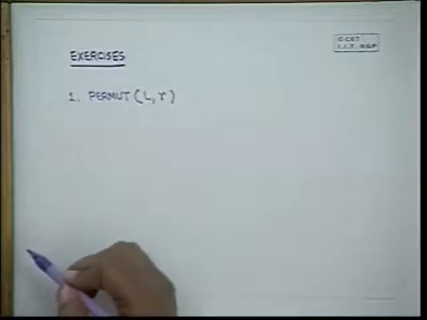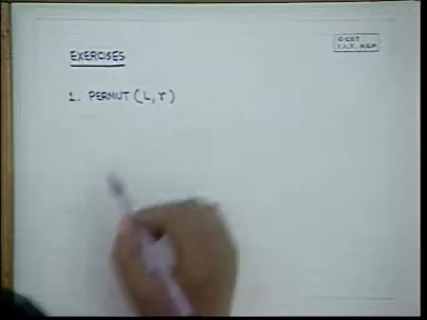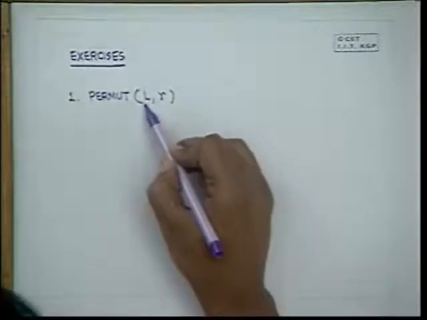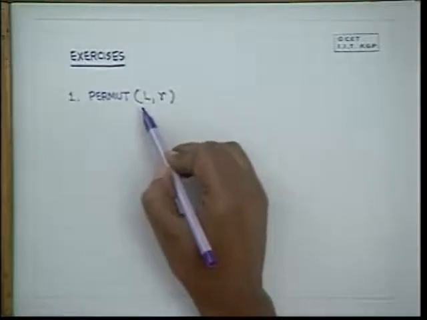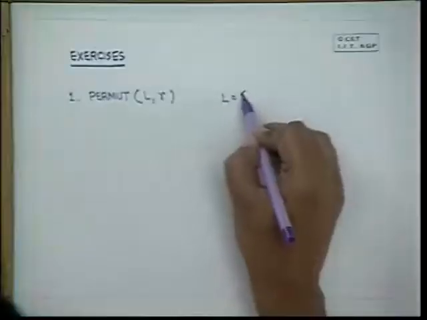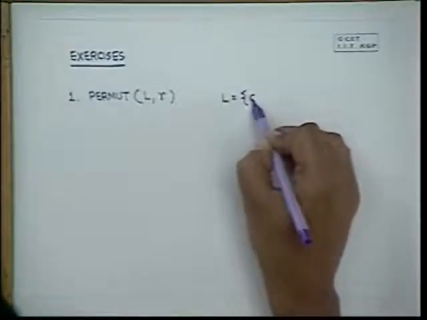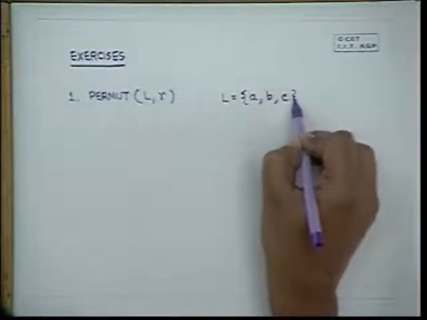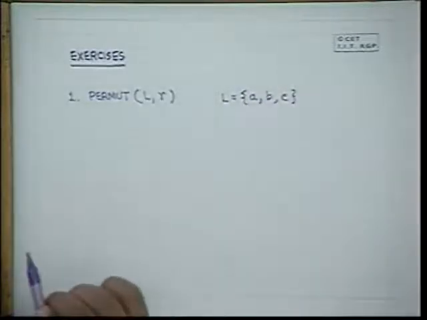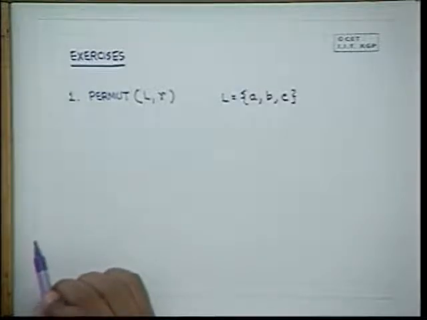The first problem that I give you is permute L R. L is a set of n distinct elements. For example, L may be, say, A, B, and C. Distinct, no repetitions.